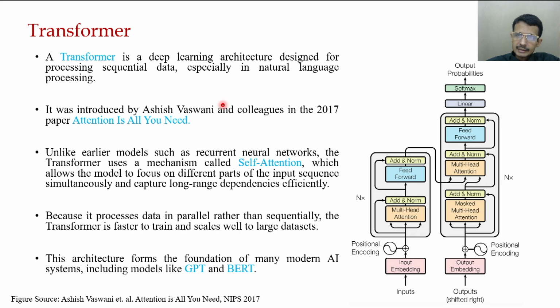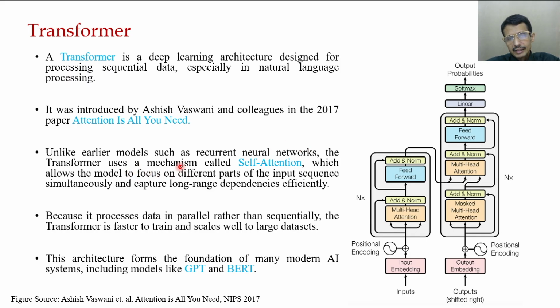Now, the major aspect of the transformer that is different from contemporary models or CNN-like models is that it uses self-attention. As we have seen in recurrent neural networks, the RNN, LSTMs, etc., they use context or somewhat attention also.